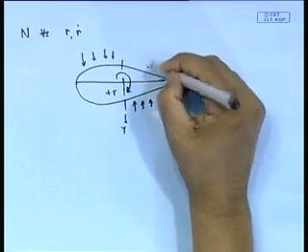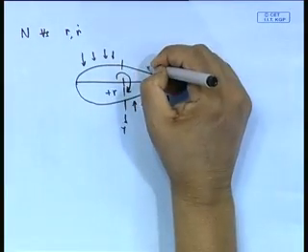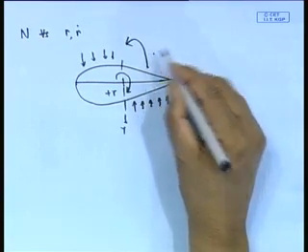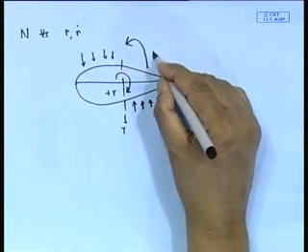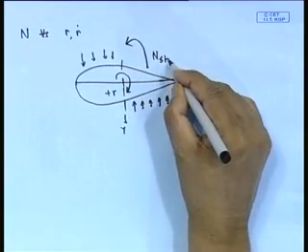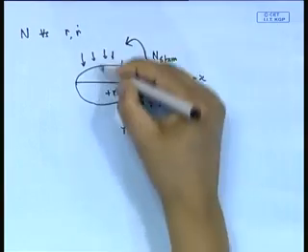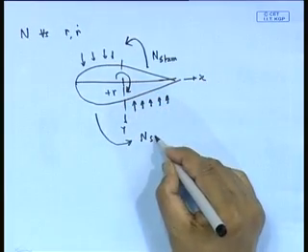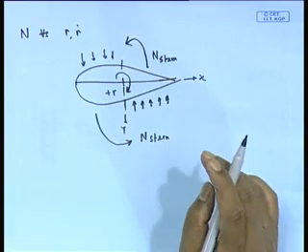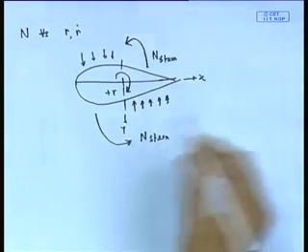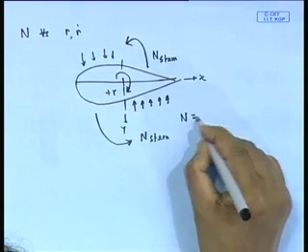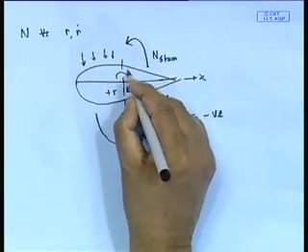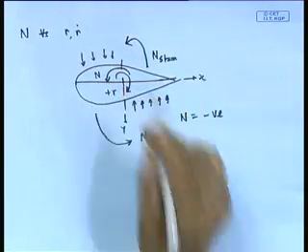This side force is going to give me a moment this side, that is N stem, and this is going to give me a moment this side. That is true. So, therefore, my net N is going to be negative, because it is going to be this side total N.